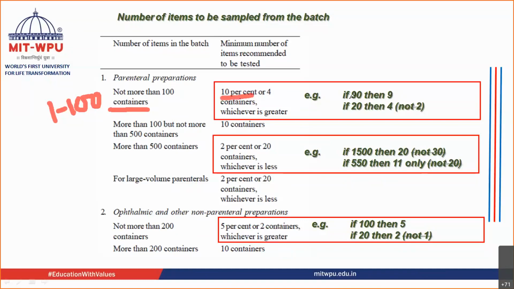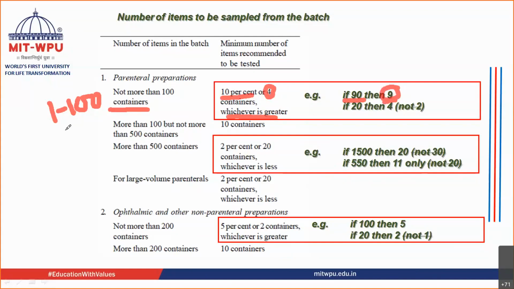Just for an example, if there are 90 containers, then you are going to take 9 containers. So 10% of containers between 1 to 100. But there is another condition: or you are going to select 4 containers, whichever is greater. So here 9 is greater than 4, so you are going to take 9 containers.